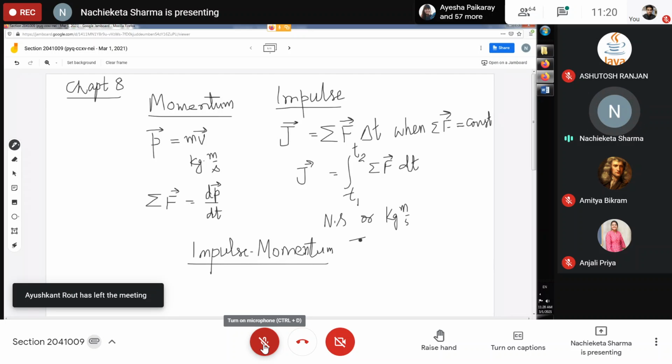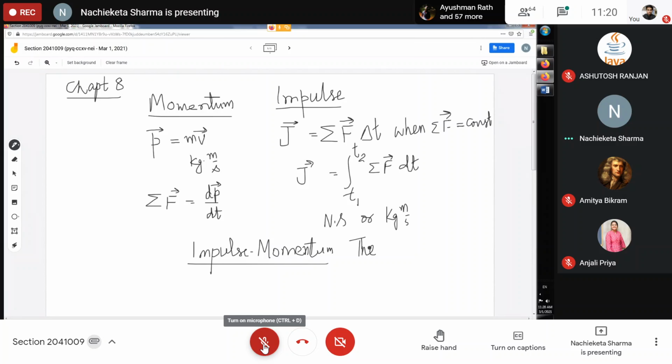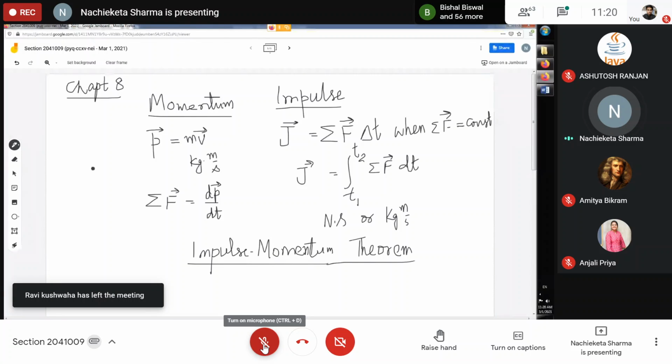So in the impulse momentum theorem also, you have got force, in place of displacement you have got time interval, and in place of work you have got momentum. So what is the work energy equivalence principle?